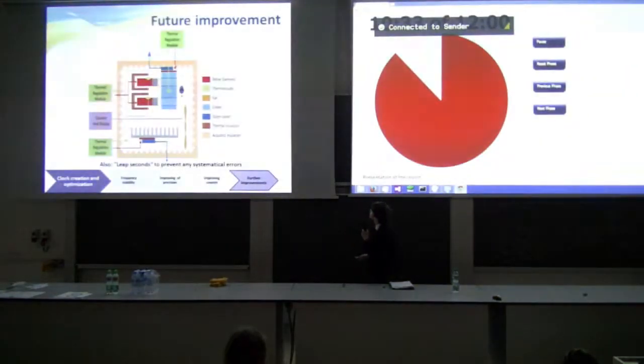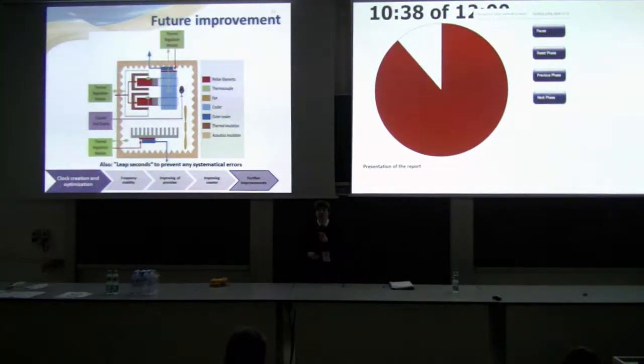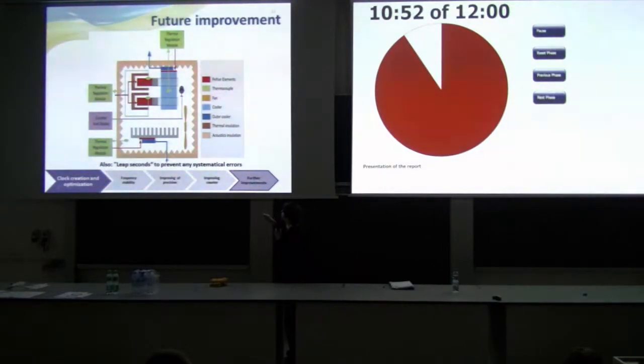The next slide. So this was the final version of our clock, and now we would like to discuss how we can improve it if we had enough money. First of all, we would like to create thermal stabilization of each element of our device, so thermal stabilization of cooler, heater, and so on.